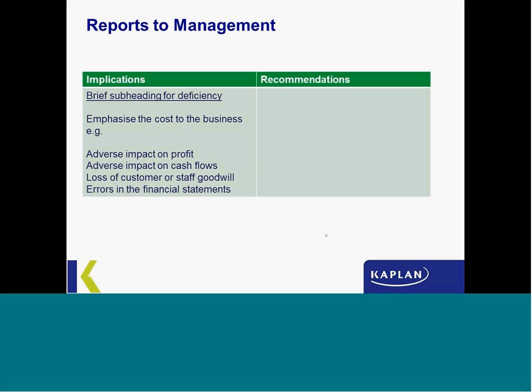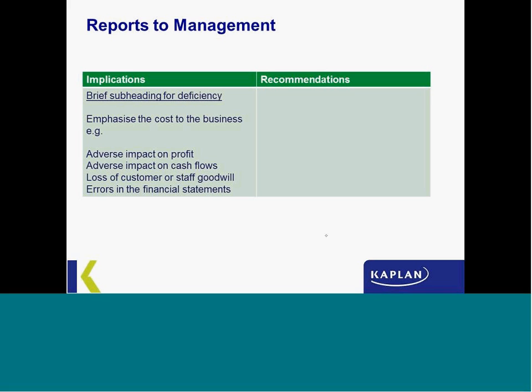Also think about loss of customer or staff goodwill. This is effectively your chance to sell the importance of the deficiency, to really stress why management should care about it. Should they be worried because it's going to impact profit?